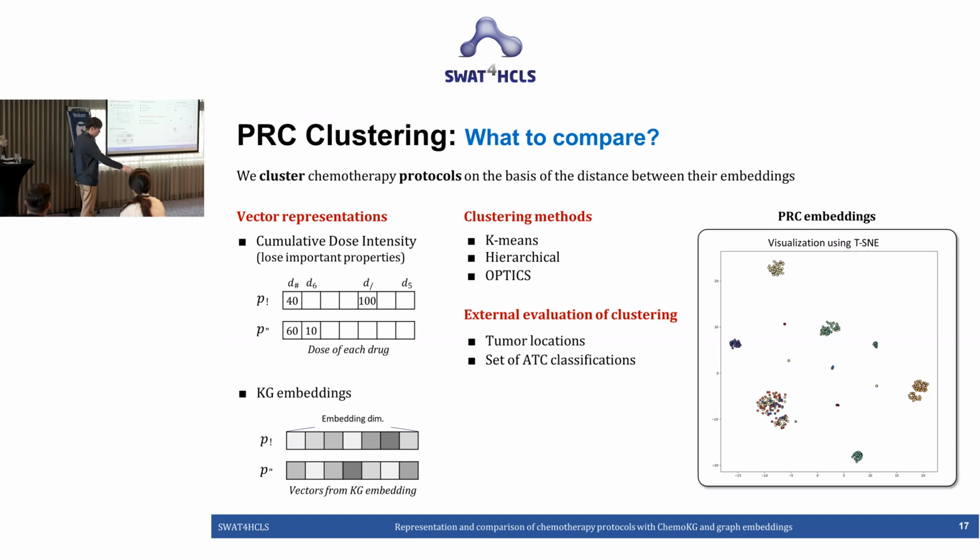This is a quick visualization of the PRC embeddings; I will go into details later. Each circle is a PRC embedding in two-dimensional space, and the colors represent the actual tumor locations.